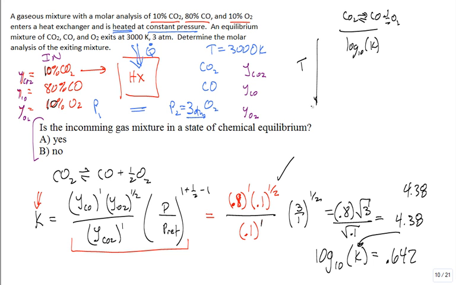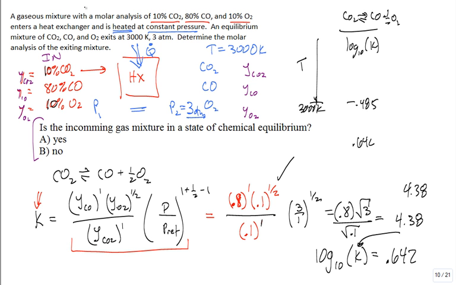At 3,000 Kelvin, it was negative 0.485. So for this to work, it needs to be 0.642. Well, what temperature does that need to be at? Over 3,500. It's off my table.